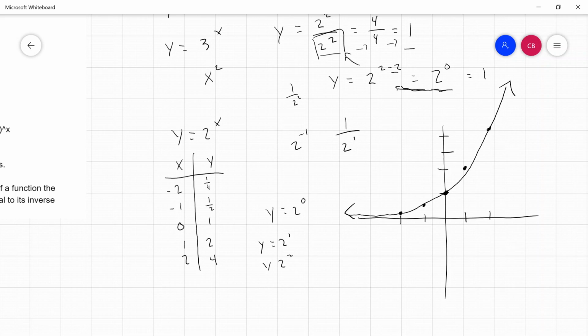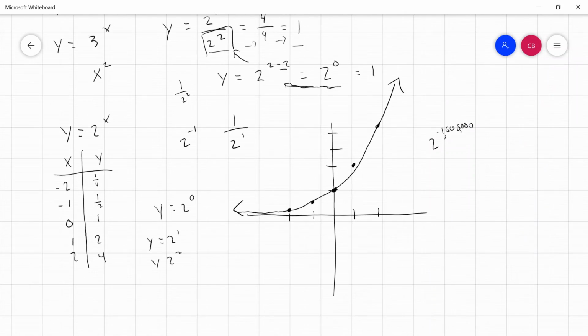Now, there is an asymptote. What you'll realize is that if you do 2 to a really big negative number, like 2 to the -1 millionth or something like that, this becomes 1 divided by a very large number, and it never actually reaches 0 because you're taking 1 and cutting it into very, very tiny pieces.